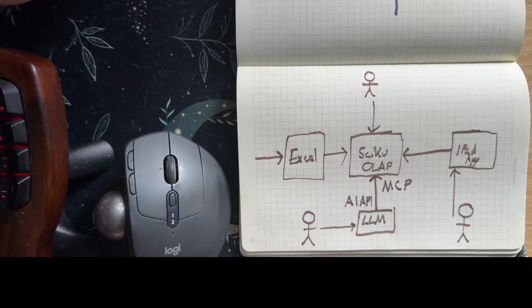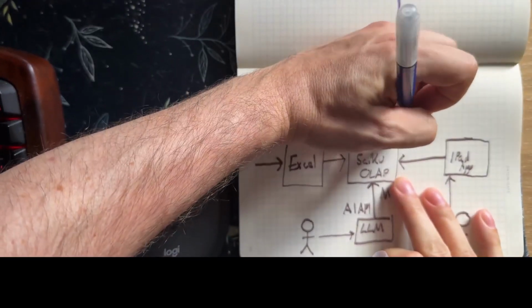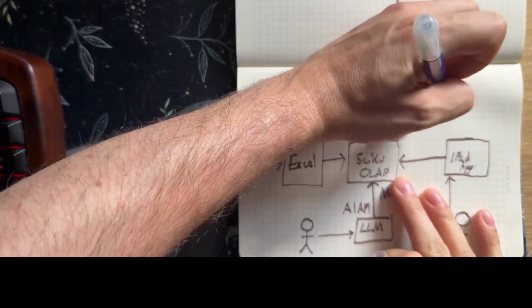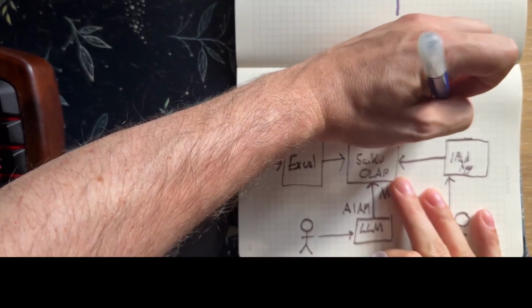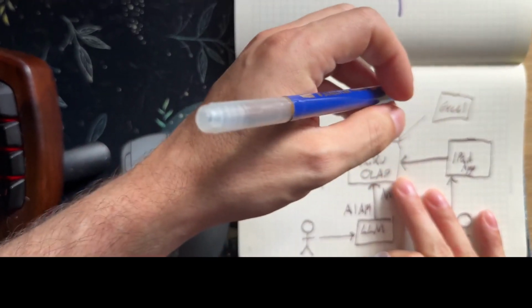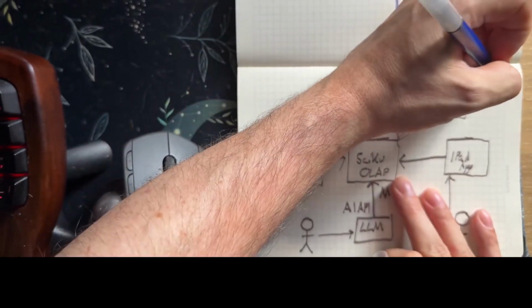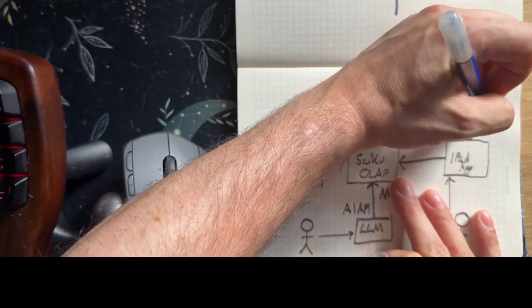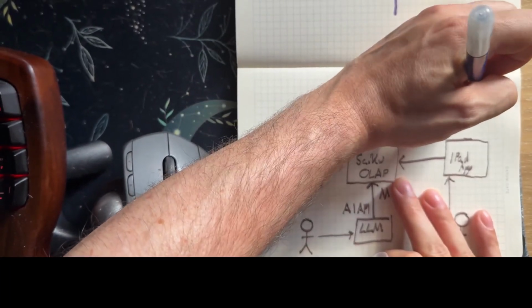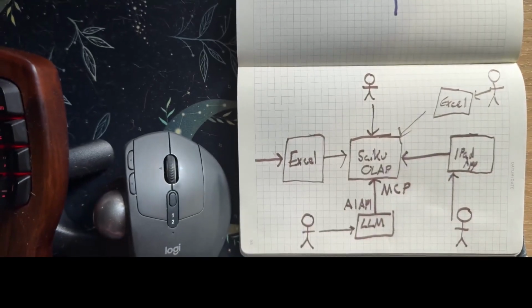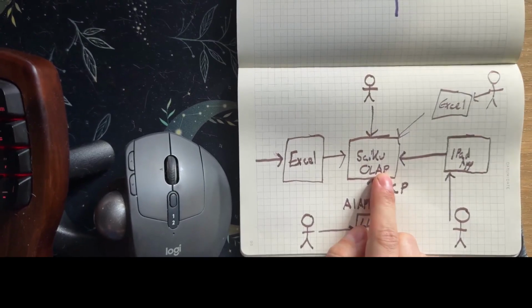Now, the other bit that we're now working on, just to finish this off, to try and display it properly, is we now have Excel over here. Sorry for my lousy writing once again. Excel. And we've got another user who's then still using Excel, but then still connecting to the data source over here.